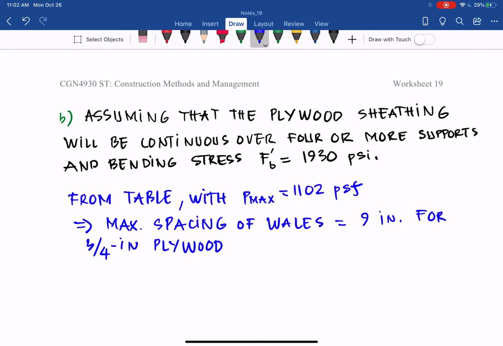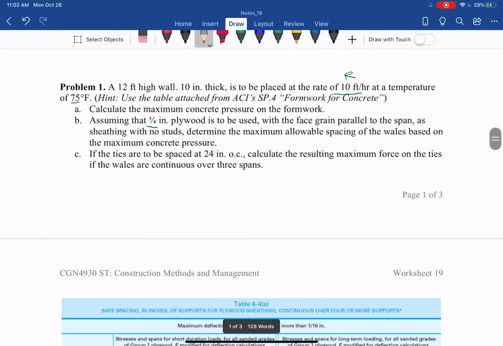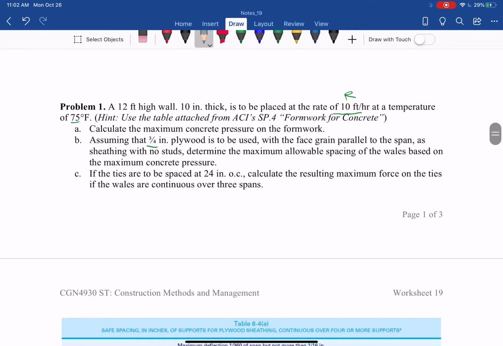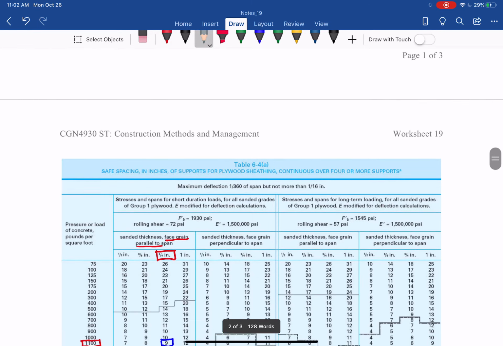So that should be the answer for B. And go to C. If the ties are to be spaced at 24 inch on center, calculate the resulting maximum force on the ties if the wells are continuous over 3 spans.